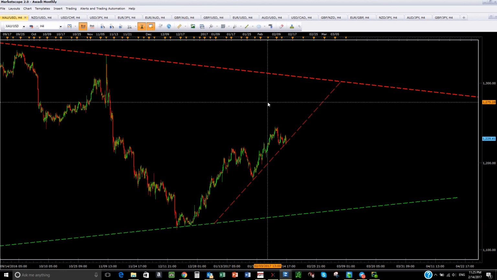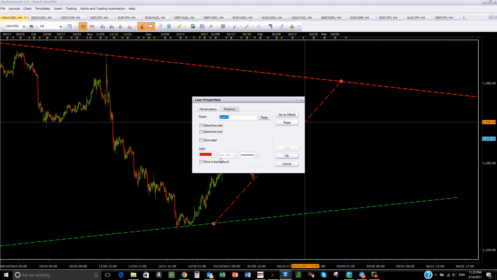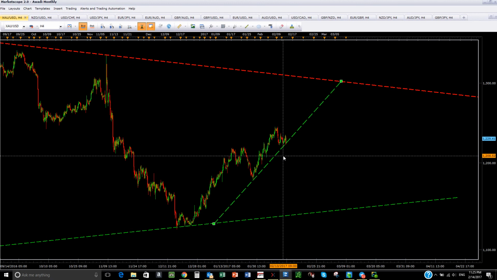And then get rid of this. And let me see if that lower band of the channel is valid or not.